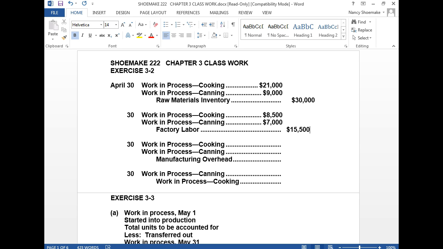Then overhead. What do we have to do for overhead here? What went into cooking? And what went into canning? And the total there, 57,300.